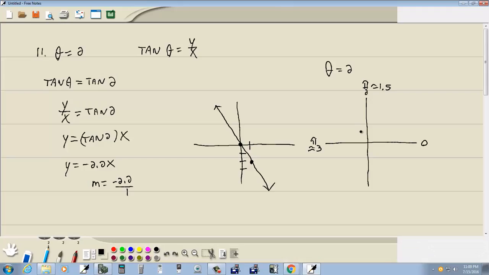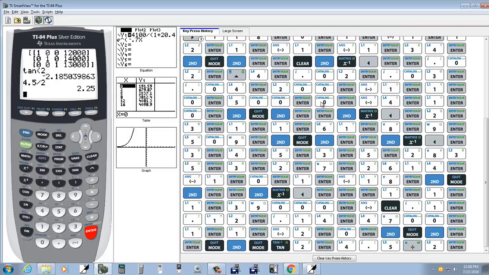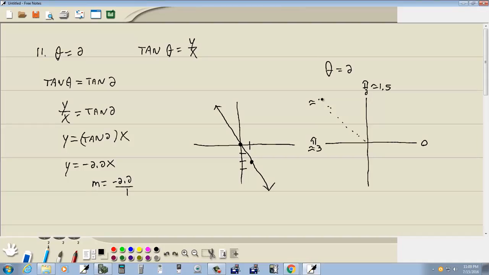Right here in the middle is approximately 2. It's actually a little bit more than that. It's 2.25. So that means that 2 is just a little bit on this side, and you can see from this graph where it's exactly at.